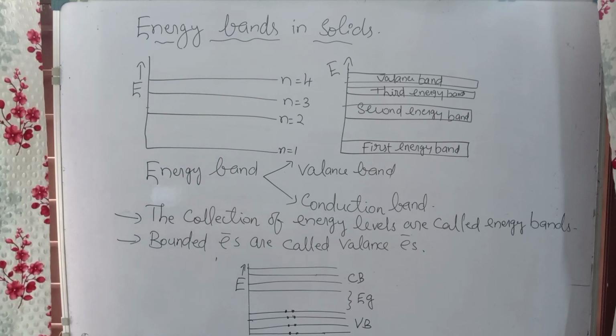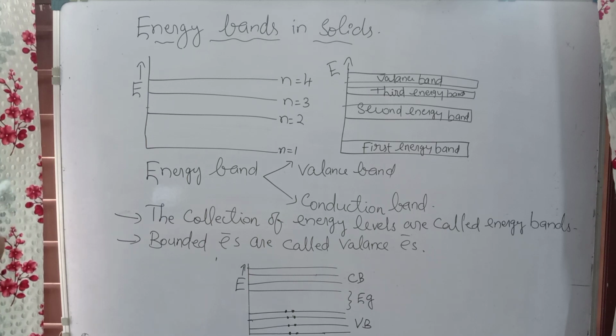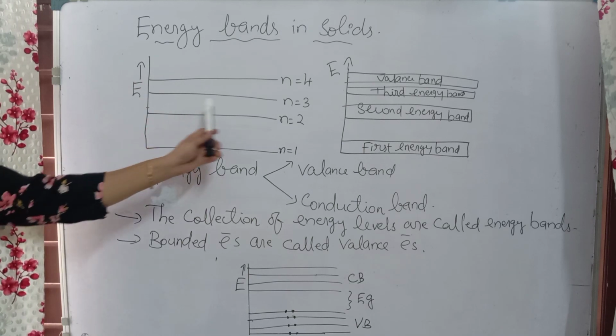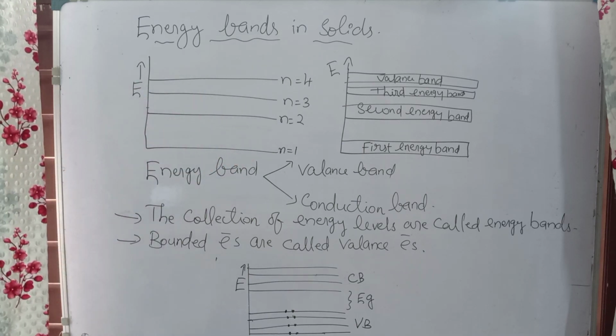But if you are considering a crystal or a substance, what will happen there? There will be a large number of atoms. If you are considering one atom, each will have discrete energy levels. But in a crystal, due to the large number of atoms, the energy value of an electron will get modified due to the presence of the neighboring atoms.